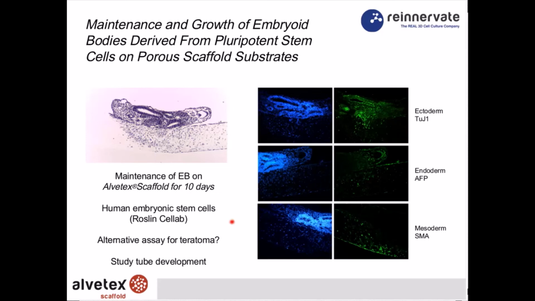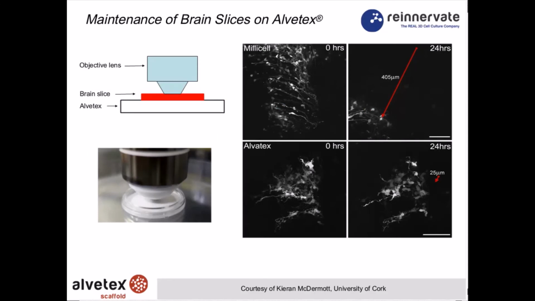So let's look a little more closely at other primary tissues on Alvetex. So here we have an example of a brain slice culture. This is work which has been completed by scientists in the University of York.